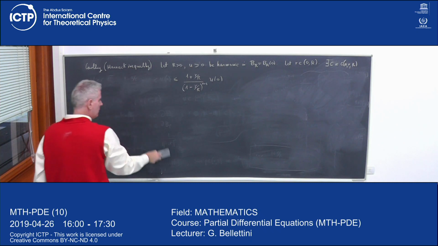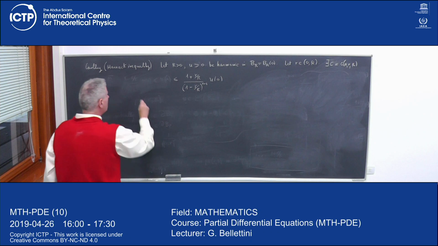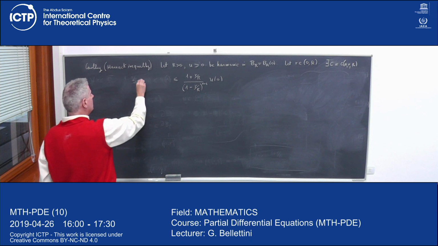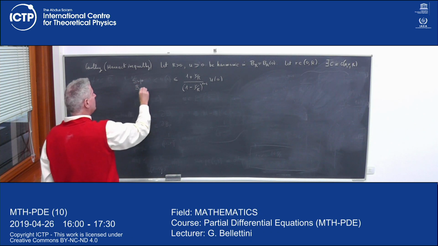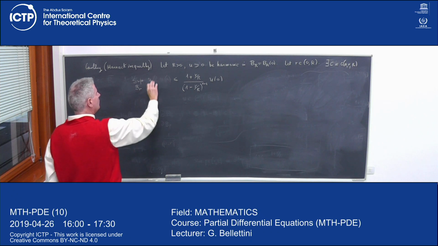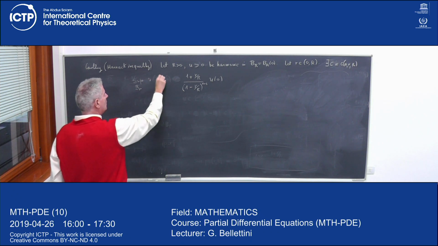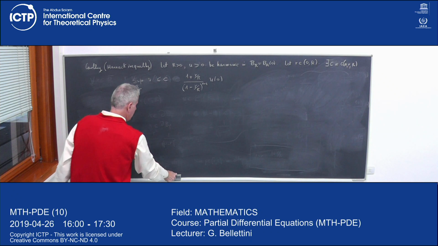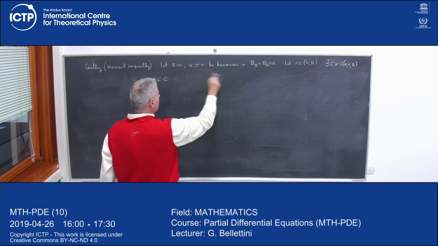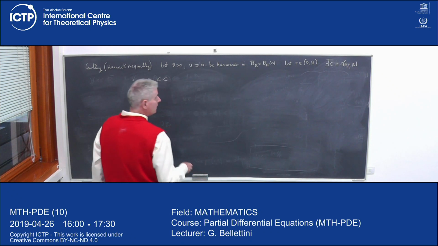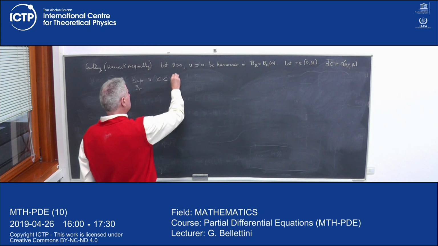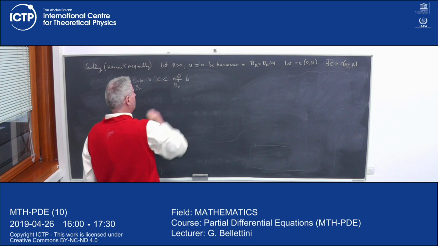Another version of this inequality is the following: sup over B_r of u less than or equal is another way to express this, inf of u.